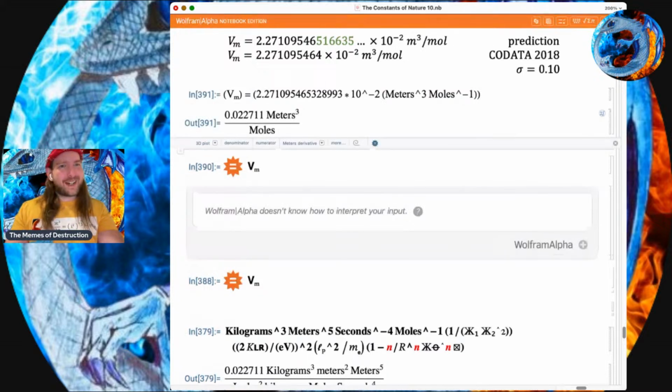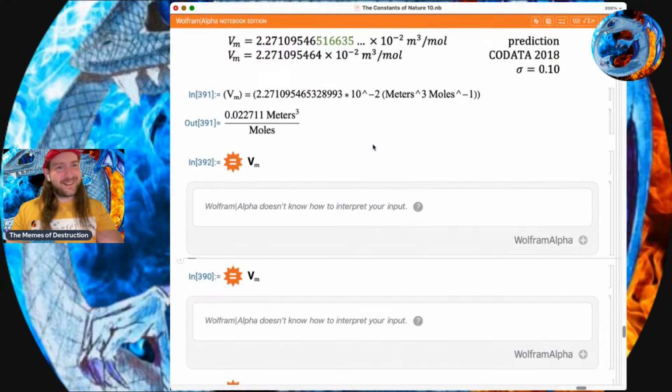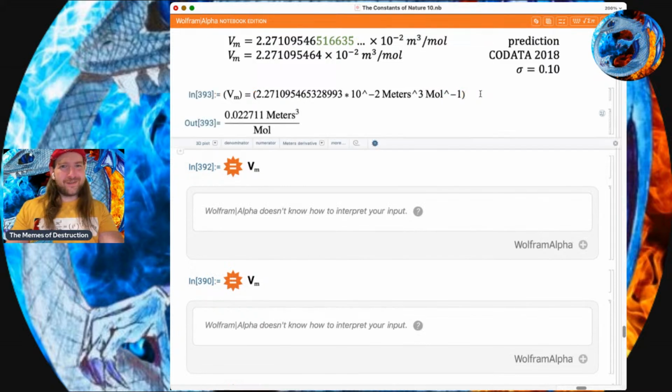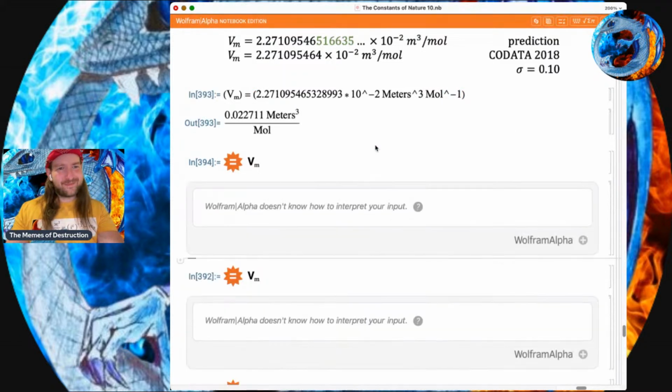I need to double bracket this. Wow. You do not want to work today. Will it understand mole? No. Does Wolfram Alpha really not understand this?